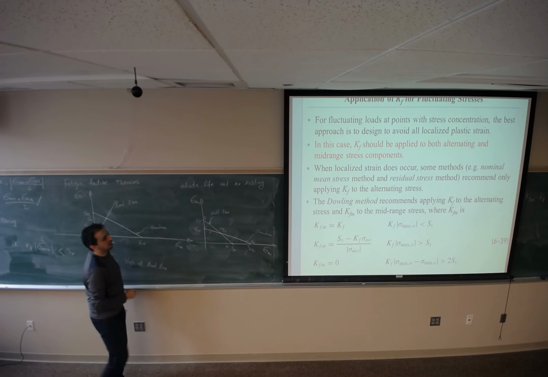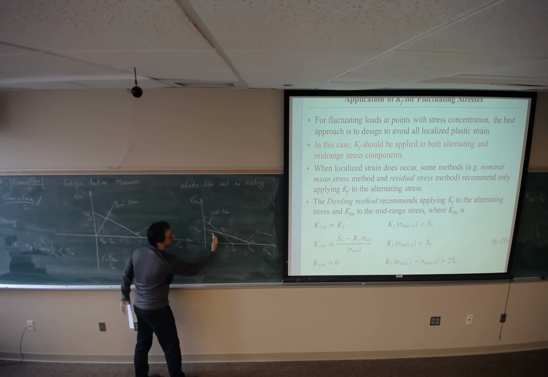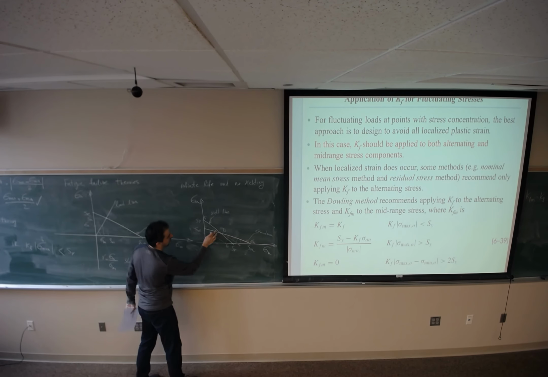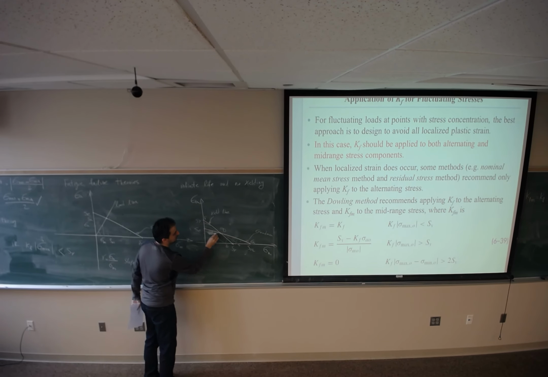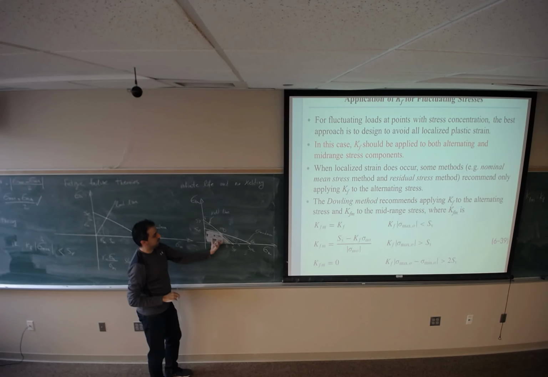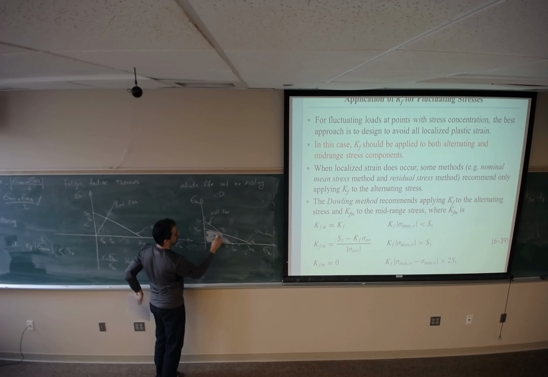But at the same time, if I want no yielding, I should be on this side of the line, which is going to be this part. So it's going to tell me this region. If the point is located in this region, then we are going to have infinite life and no yielding. So C, D, E.